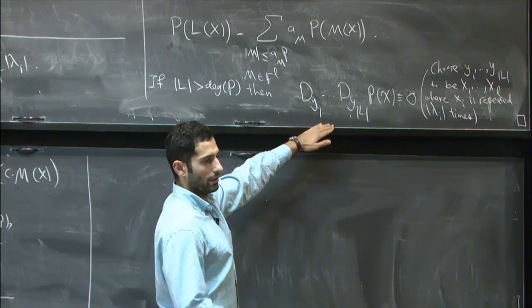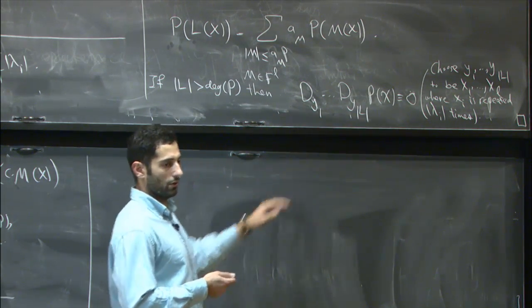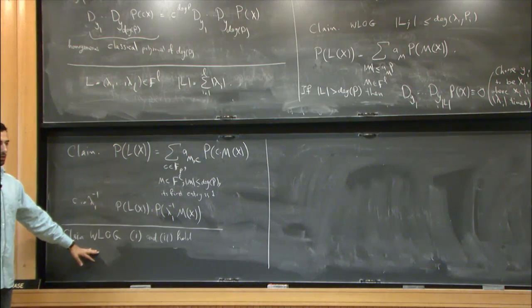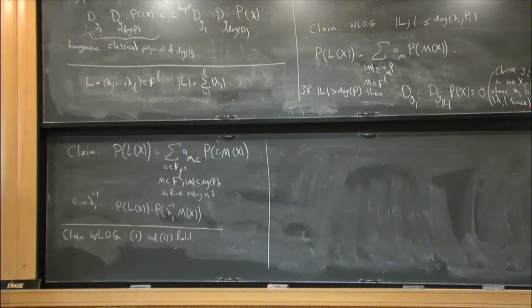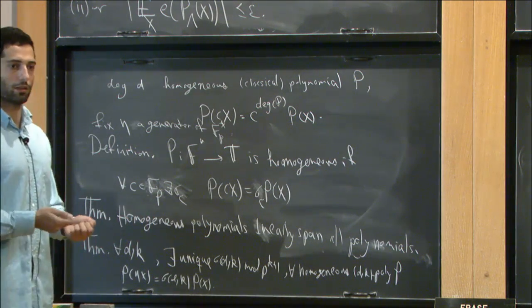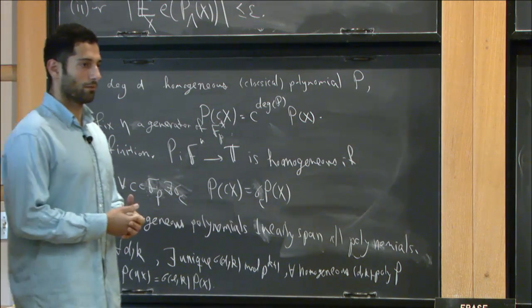So the coefficients we get will not depend on the polynomial itself. And here as well, when we apply homogeneity by this theorem, it only depends on degree and depth. It doesn't depend on the specific polynomials themselves.